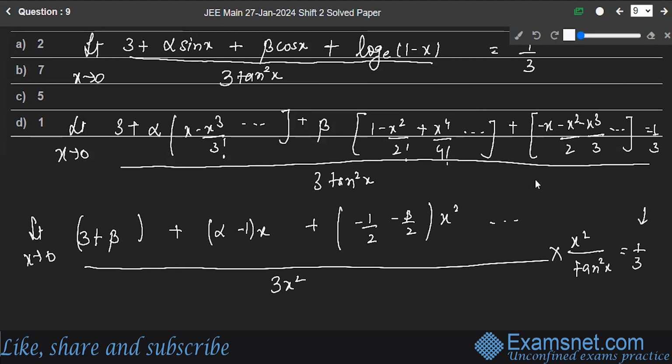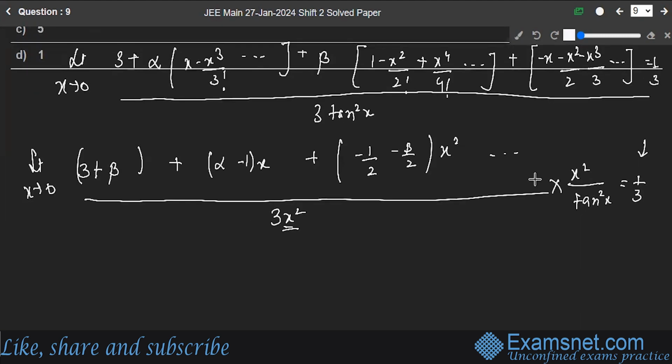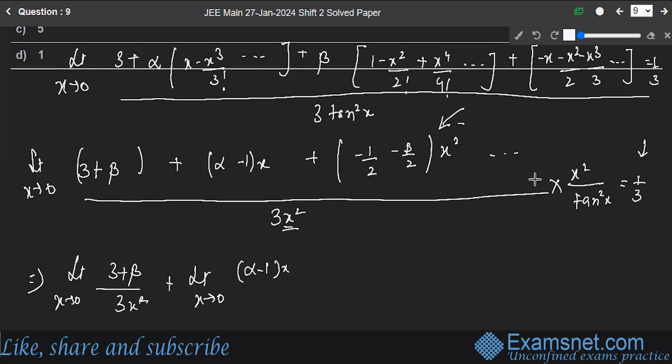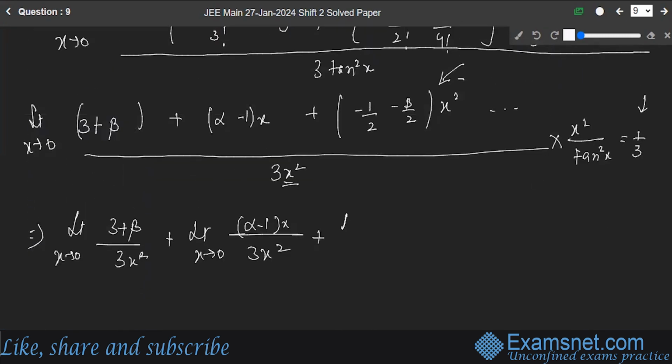See, this is only the constant part. You are having x square in the denominator, so that means if I open this up, this will be equal to limit x approaching 0, 3 plus beta upon 3x square, plus limit x approaching 0, 1 minus alpha x upon 3x square, plus limit x approaching 0, this will be minus 1 by 2 minus beta by 2 upon 3.